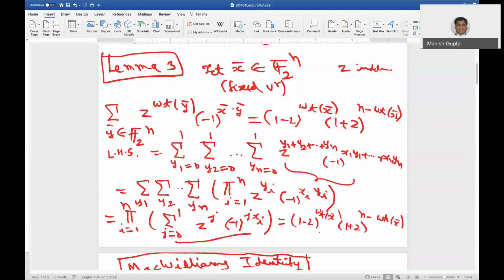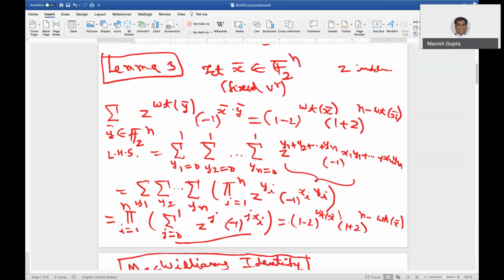Okay. So it is a simple calculation, because the product is over i equal to 1 to n. When we do it for each i, we are going to get the weight again. Okay. So this is the formula. We arrive at this.